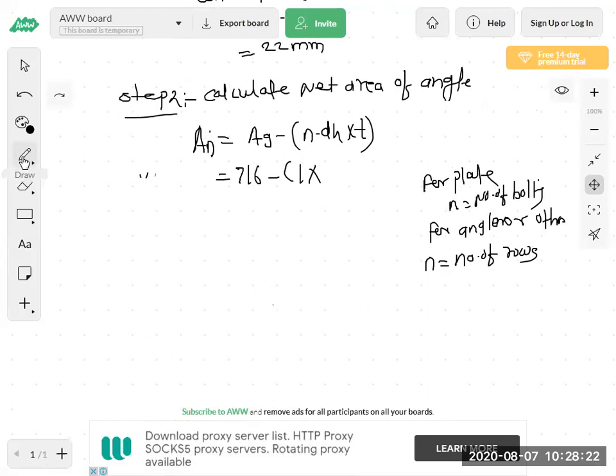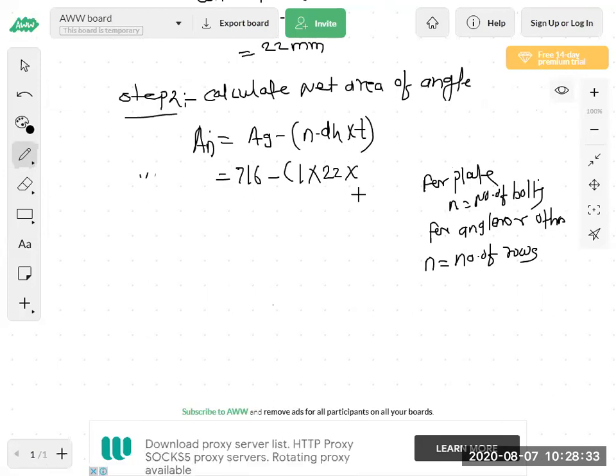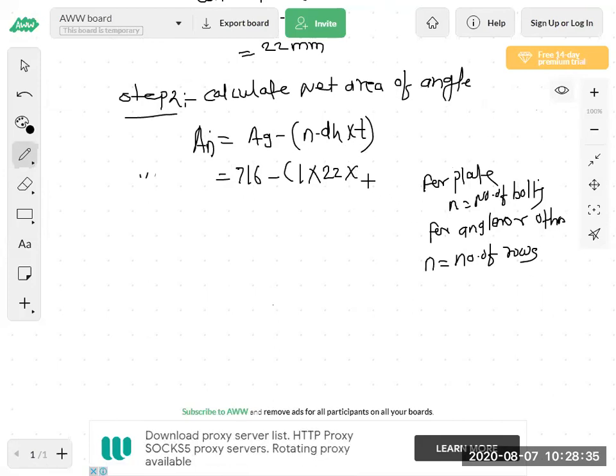Okay. Now, n is 1 because number of rows is given in the problem statement. Now dh is 22, and t, thickness of angle, is 6.